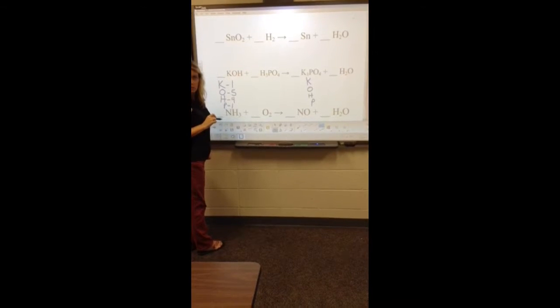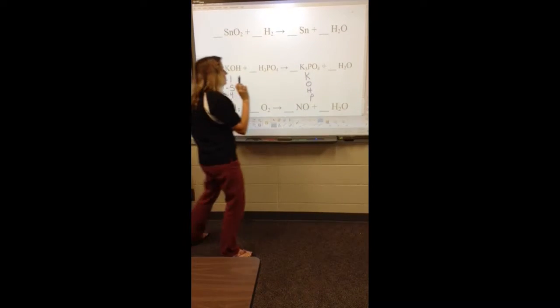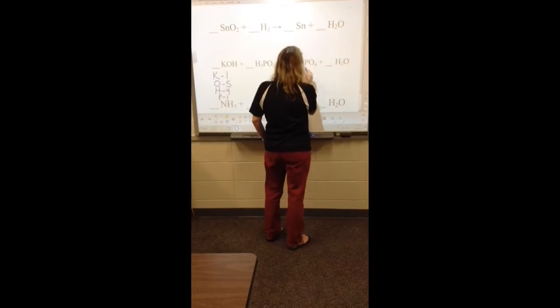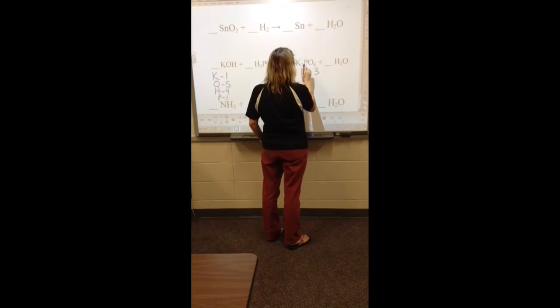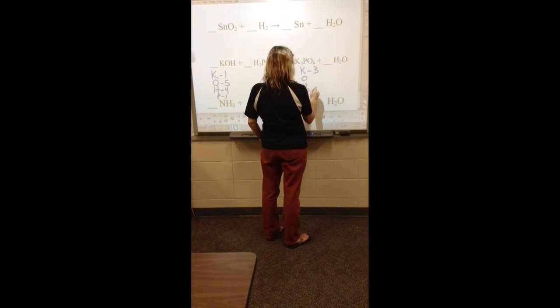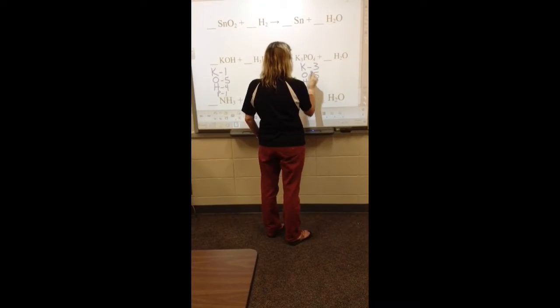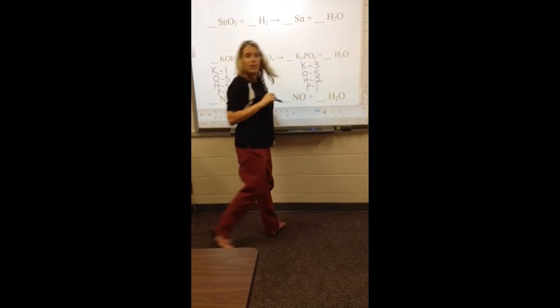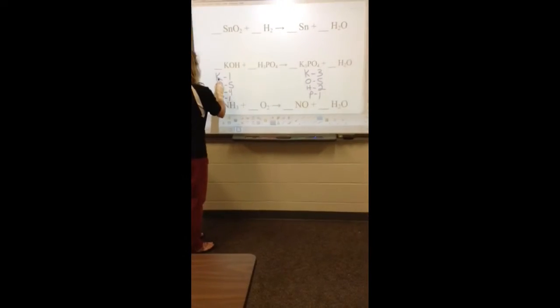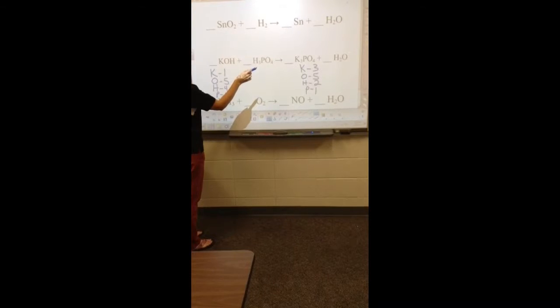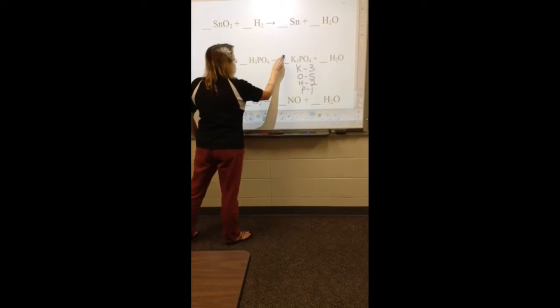Is that correct? That is correct. On the other side, K is 3, P is 1, O is 5, and H is 2. Is that correct? Yes. K has a problem, so I need a 3.